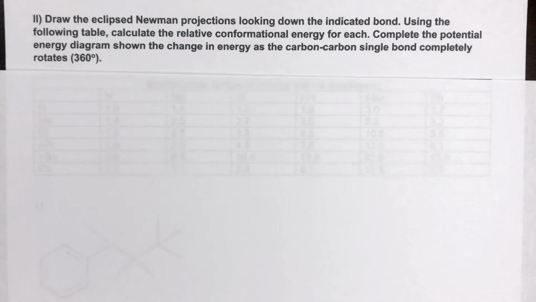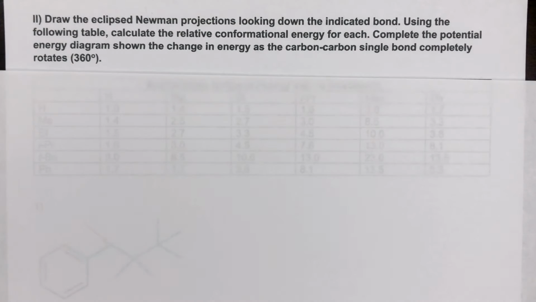All right, here we have a new type of question where we're again asked to draw Newman projections, but now we are asked to draw the eclipsed Newman projections, again looking down a specific bond, and we'll have to use now our table for eclipsed conformational energy changes to determine the energy of that particular conformation.